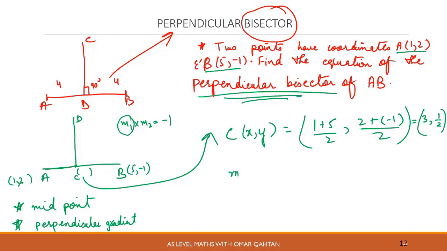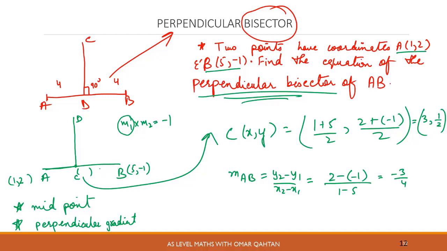So the gradient of line AB will be (y2 minus y1) upon (x2 minus x1), so it will be (2 minus (-1)) upon (1 minus 5), which equals minus 3 upon 4. This is the gradient for the line AB, but we don't need it.